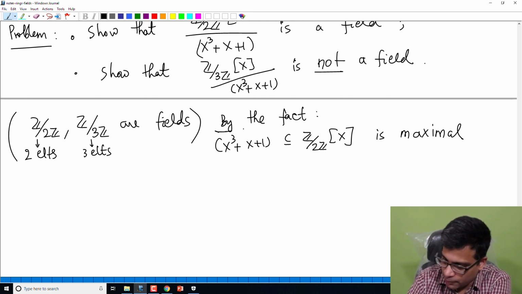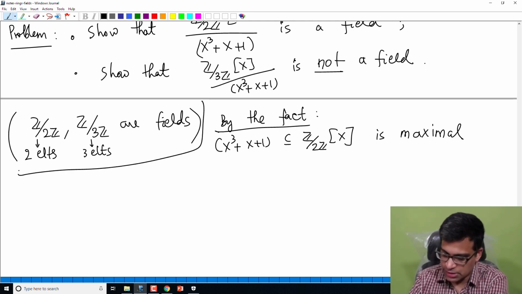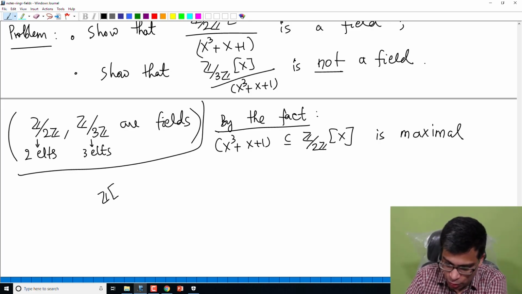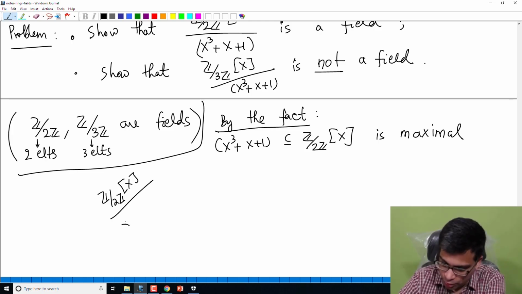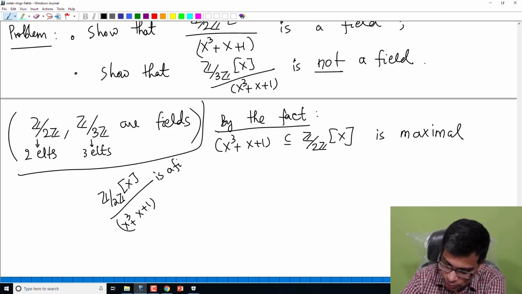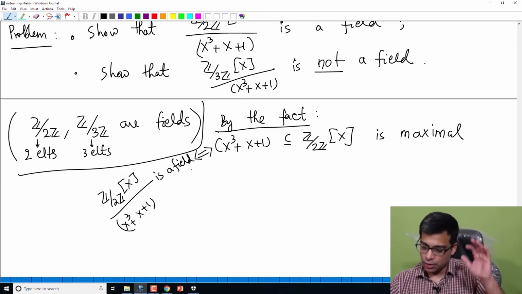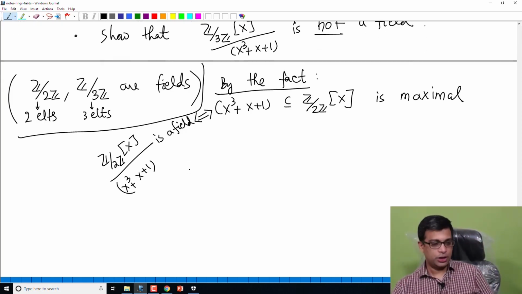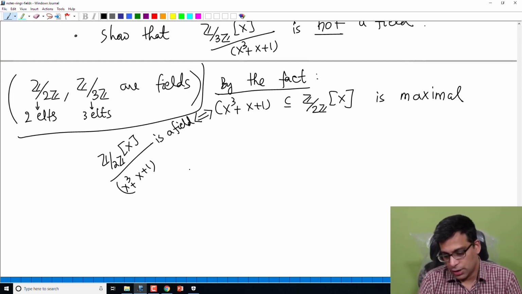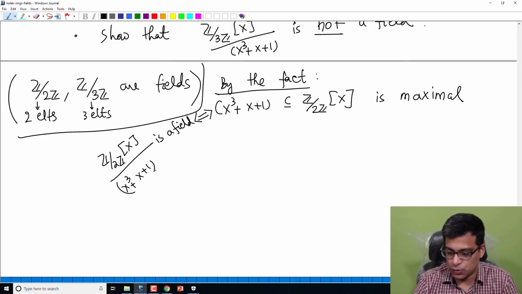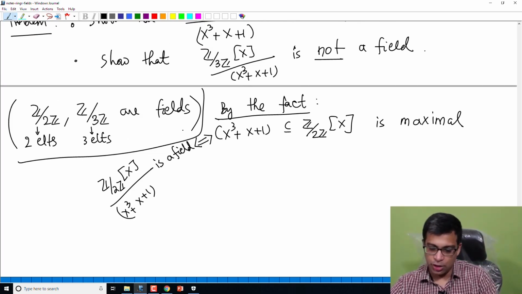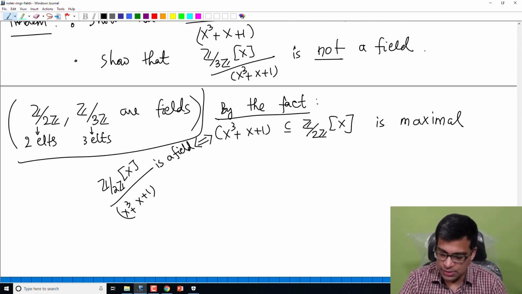So I will write: Z mod 2Z[x] mod x cubed plus x plus 1 is a field. This is what, remember, we are trying to show.